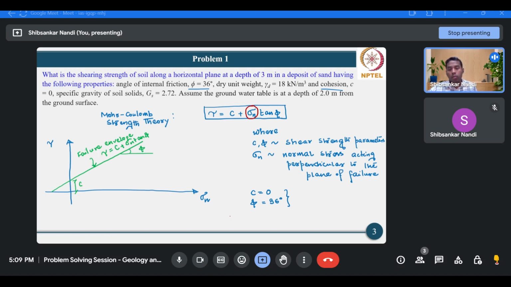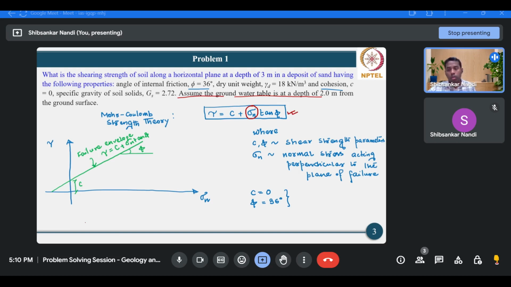And again, we have to be very careful about the last sentence of the problem, that we have to assume the groundwater table is at a depth of 2 meters. Therefore, while determining the shear strength of this kind of soil deposit, we have to consider the effective normal stress in place of the total normal stress.